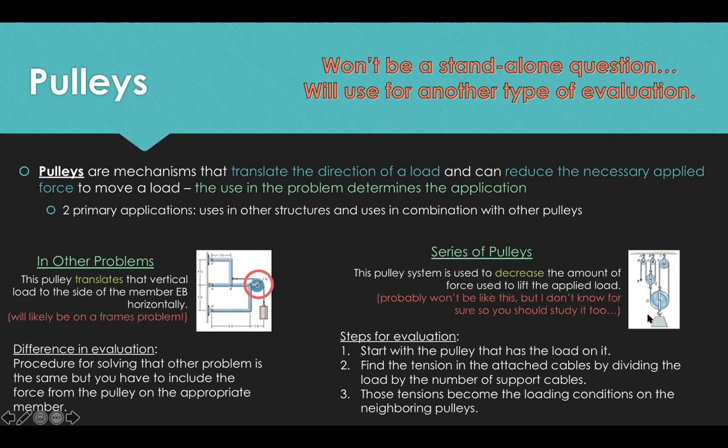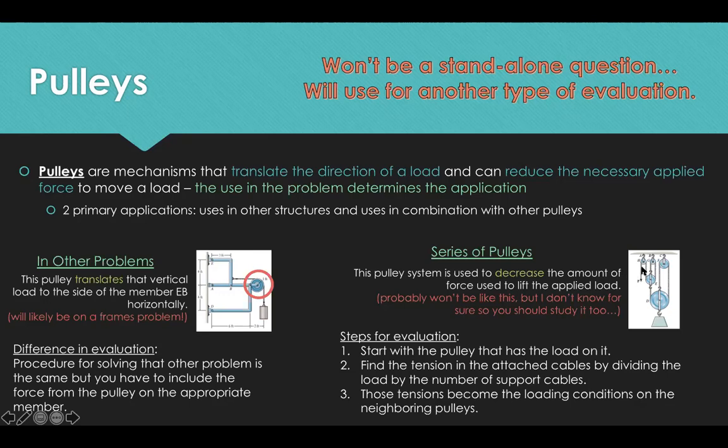So if this was, say, 90 pounds, each of these would be 30 pounds, and the 30 pounds would become the load on this pulley E here. Then that 30 pounds would again be divided by 3 to become 10 pounds, which means since this is the same cable across here, the applied force would just be that 10 pounds.